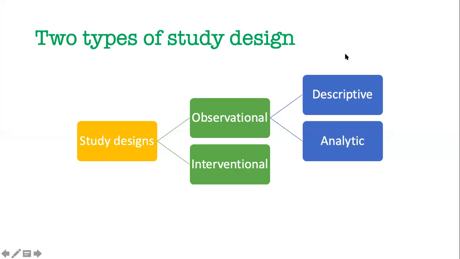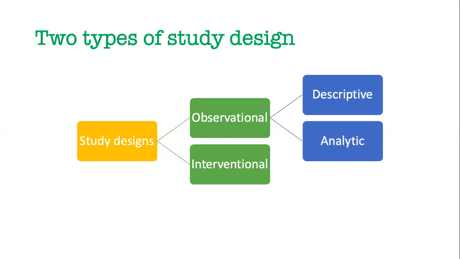Basically, study designs in general have two types: observational, where we just observe the population from the beginning to the end, and interventional studies. Interventional studies are those where we give the population an intervention, for example, a drug, an educational material, or a dietary regimen.